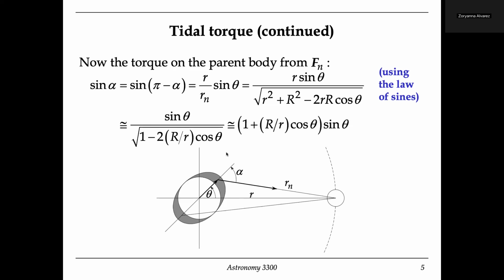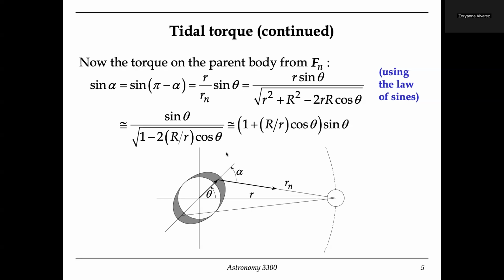Let's draw a picture again, just to make sure we understand it. Here's your body up here. This one is R. I'm going to keep projecting that line all the way out, then draw a bulge. These are exaggerated. Remember that these bulges do not at all show how large they are.